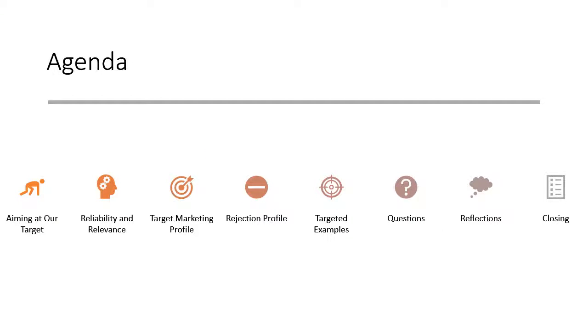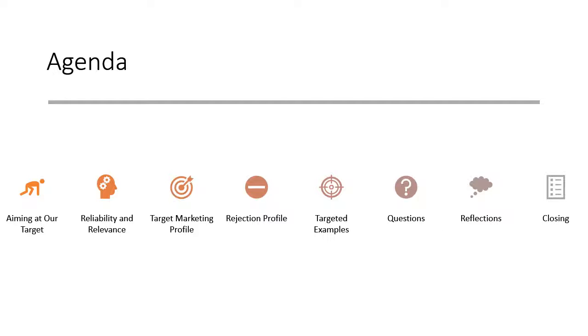Today, we will start by looking at what is the business case problem that we're trying to solve with our analytic effort, which is in essence how we are aiming at our target market. We'll then discuss the reliability and relevance of the Lending Club data available to our analytic effort.